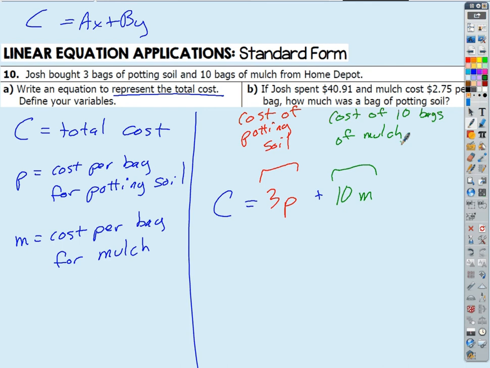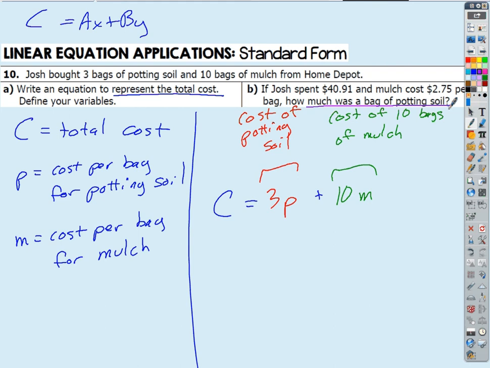If we're not given a rate and a fixed cost, then the only other kind of linear equation application you could get is something like that. Right? And then what would I do if Josh spent $40.91 and mulch cost $2.75 per bag? The question is, how much was a bag of potting soil? So we're trying to solve for what variable?